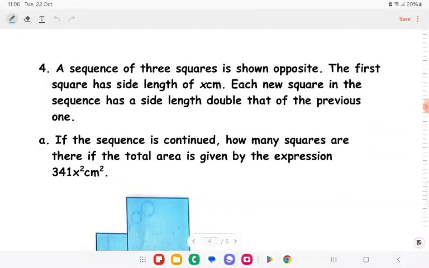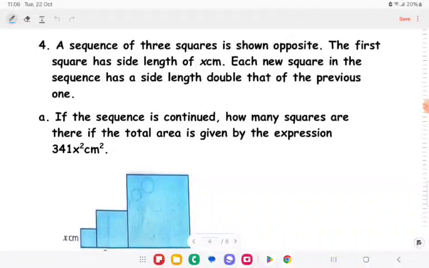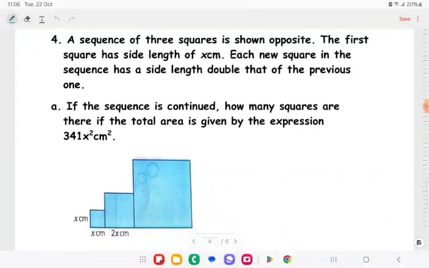It says a sequence of 3 squares is shown. The first square has a side length of x centimeters. It's a square and it has a side length of x. So let's find the area of the first square. What is the formula for a square? Side square.